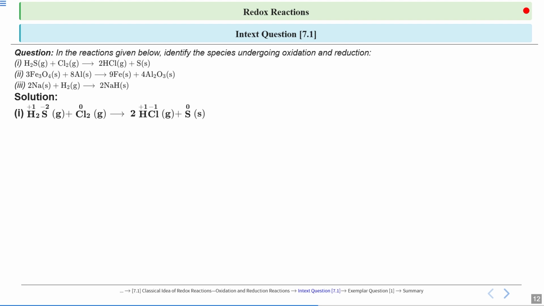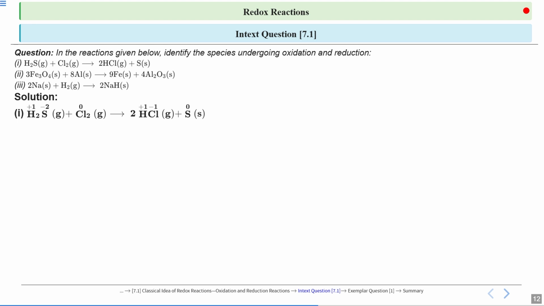The second aspect is the addition or removal of an electropositive or electronegative element. And the third one is the loss of electron and the gain of electron. By all these three concepts, we can directly understand which particular species has been reduced or oxidized.